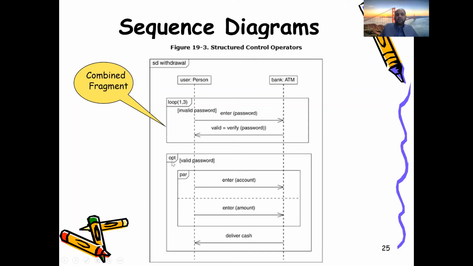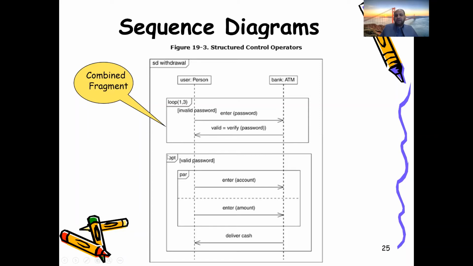Then OPT, it means option. It means that if the password is not valid, then the option is that the password may be valid. So if the password is valid, then this is PAR. PAR means parallel. It means that it will come in the option if the password is valid, then this option will be availed instead of this option.